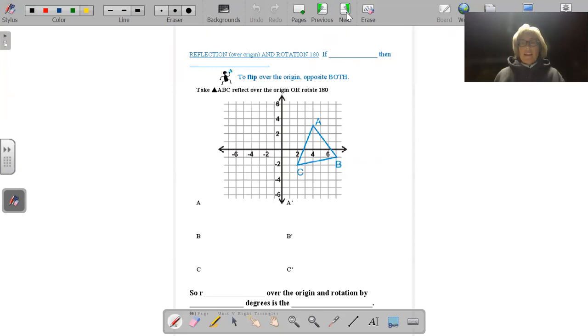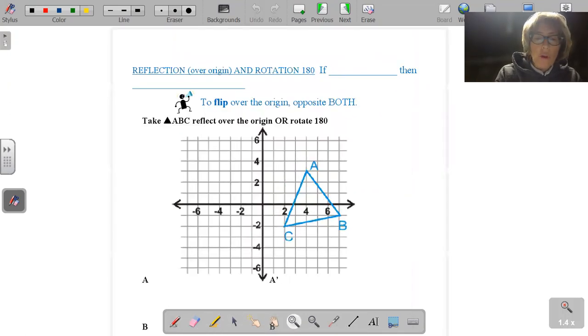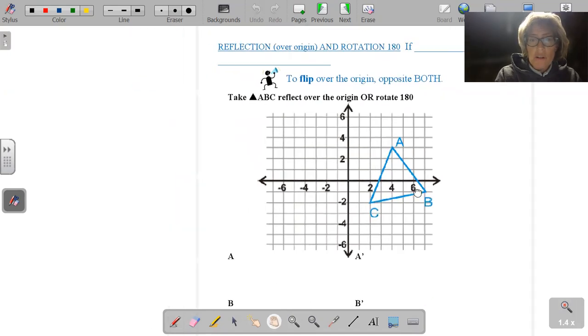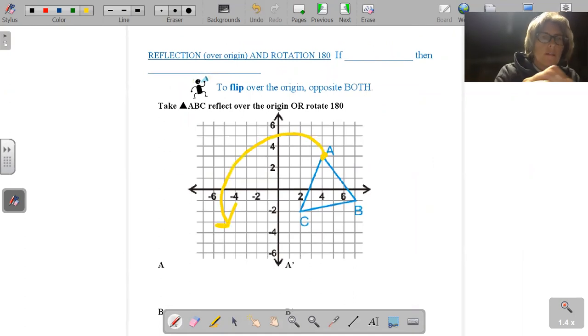Last one is rotating 180 degrees. And this one is also a reflection. Just watch physically. If I take this A and go 180, draw with me, and B and go 180, and C and go 180.